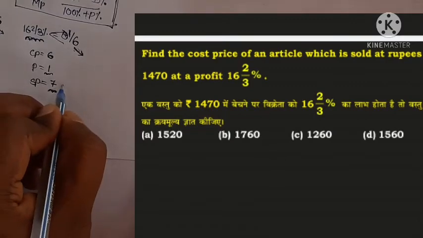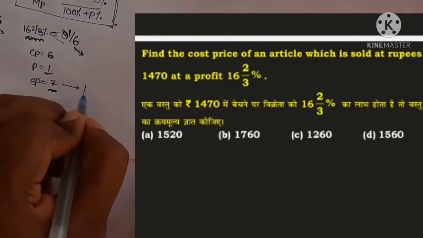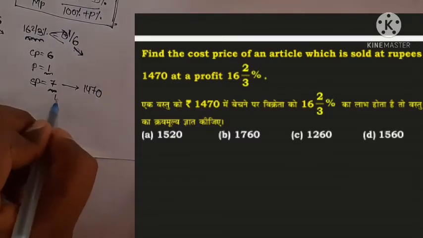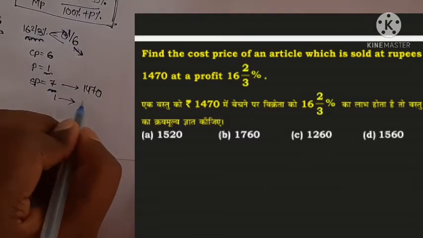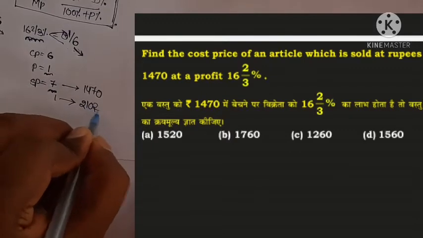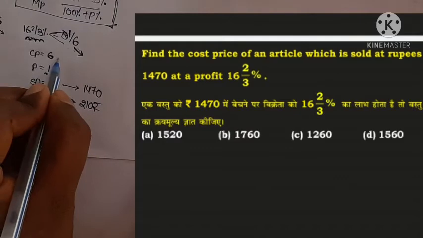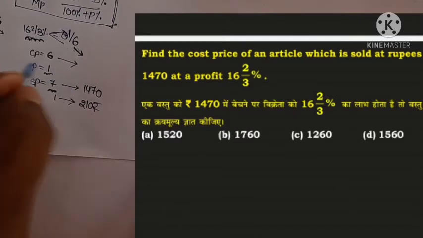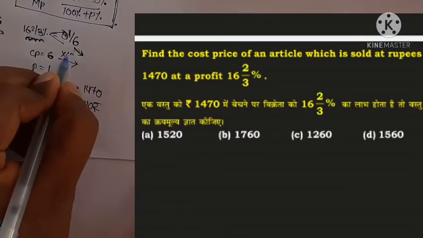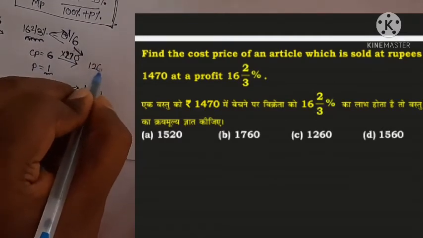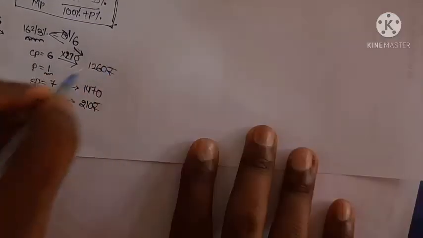Here selling price 7 units represents 1470. So 1 unit represents 210 rupees. So find cost price. This represents 6 units. So 6 into 210, so value is 1260 rupees.